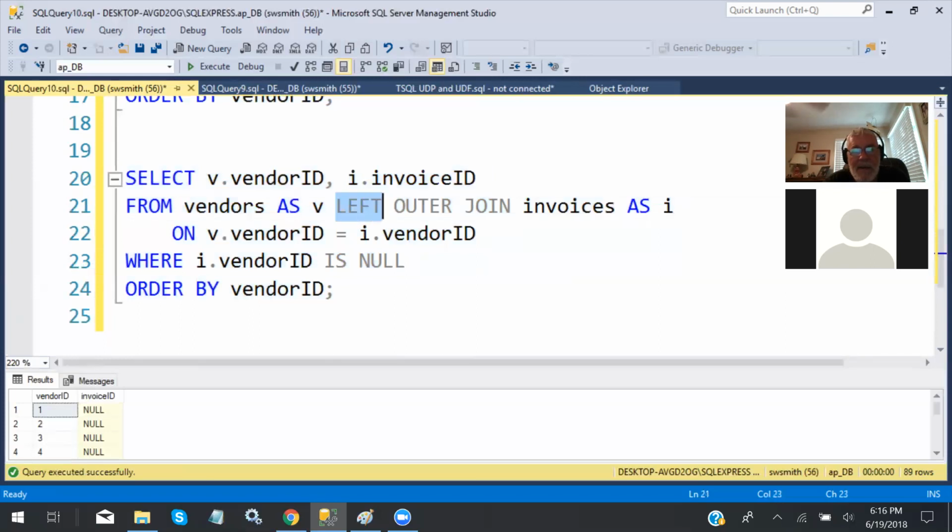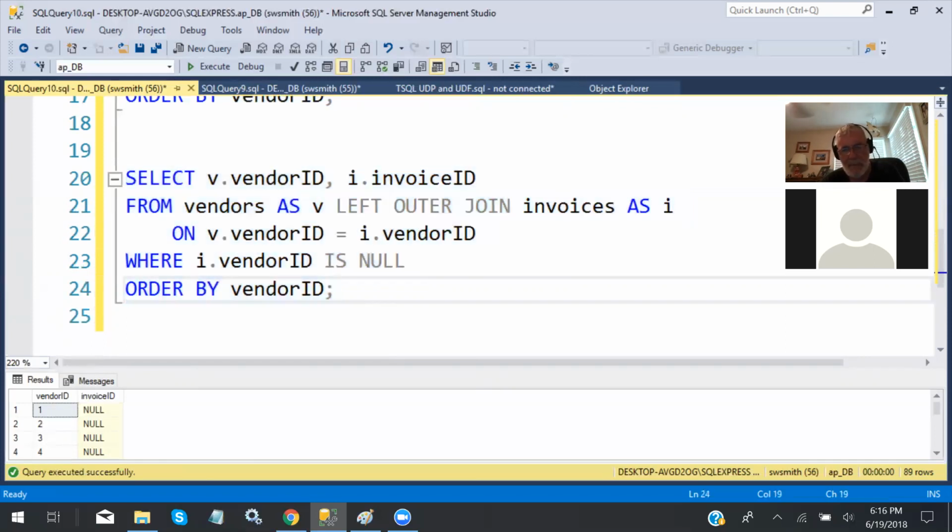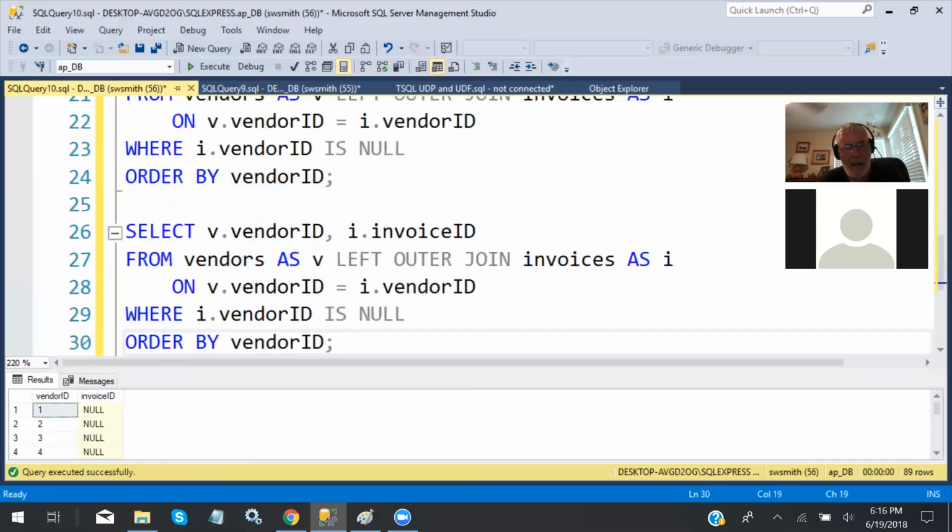So when we say left outer join, we mean everything from the left table. If I'd said right outer join, I would want to see the invoices, which would be the same as not null. If I change this from is null to is not null, that becomes a right outer join.